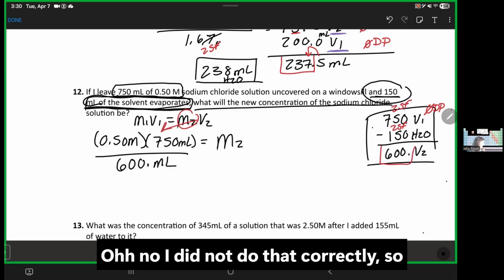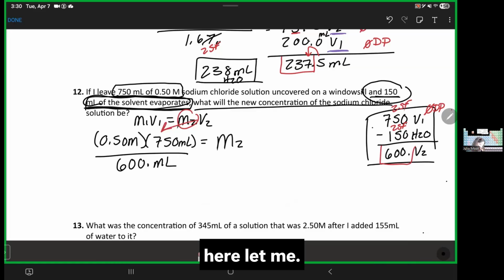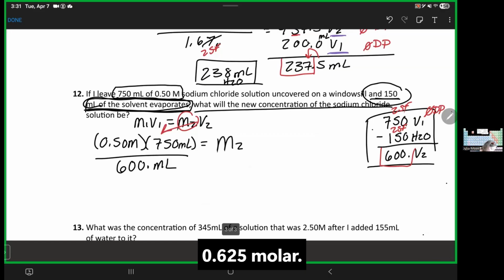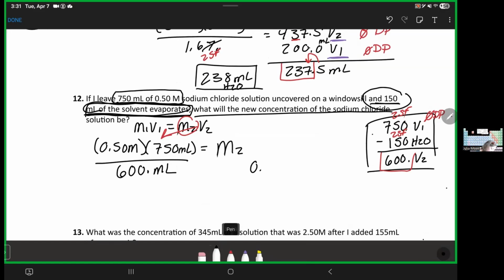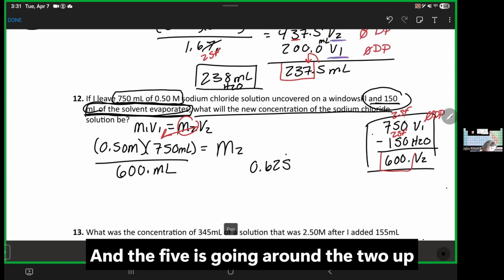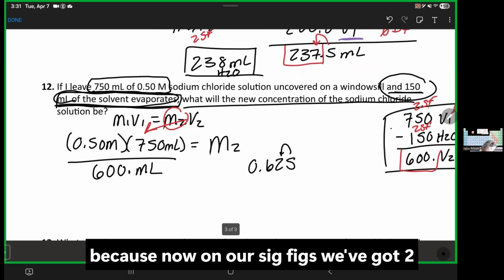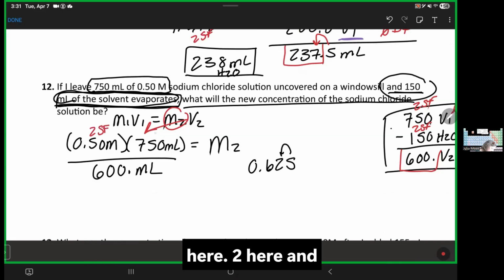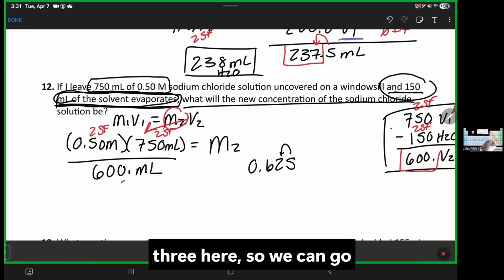Oh, no, I did not do that correctly. So here, let me... Okay, I get 0.625 molar. And the 5 is going to round the 2 up because now on our sig figs, we've got 2 here, 2 here, and 3 here.